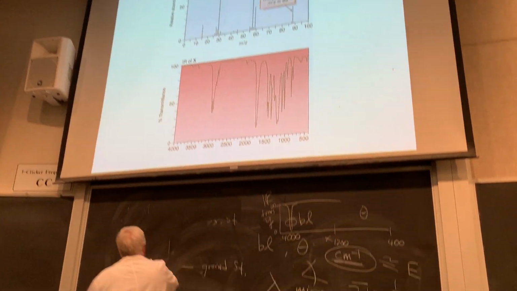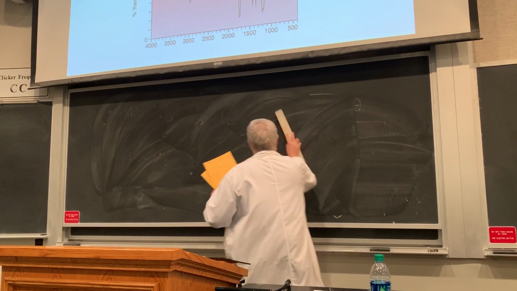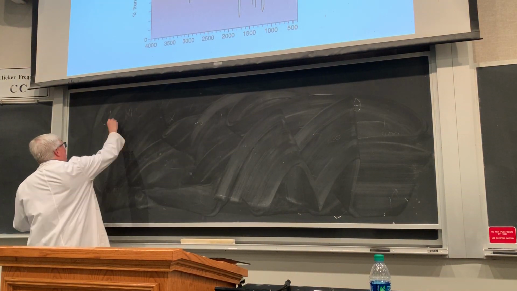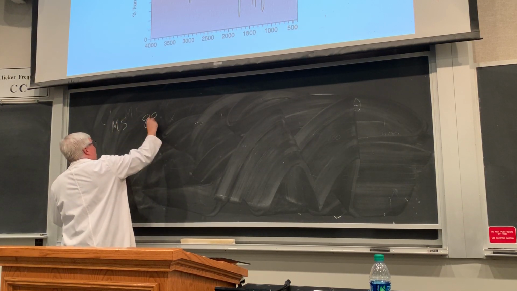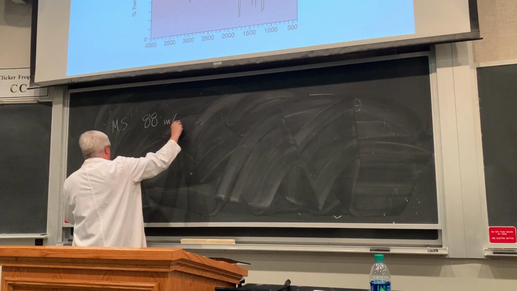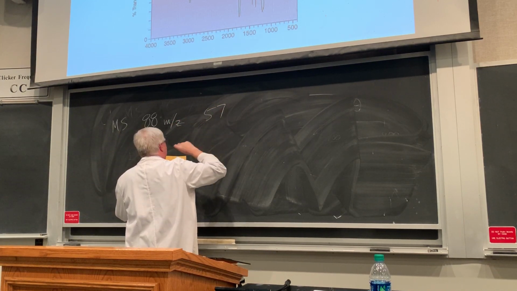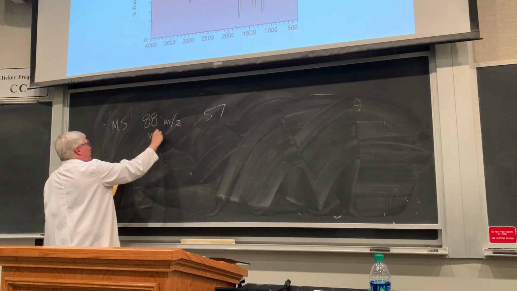So what do we got data-wise? We just have the mass spec, and we've got the ion, and can we come up with a structure? So mass spec gives us 88 mass to charge, and there's this base peak of 57. Maybe we'll get back to that, okay? But this is our molecular ion, we're told.